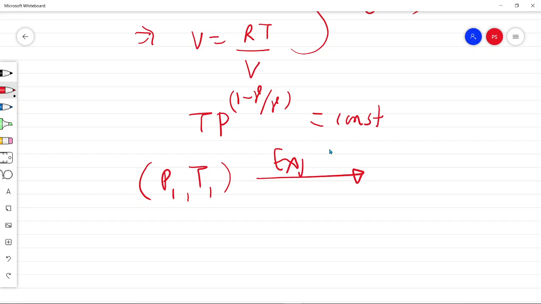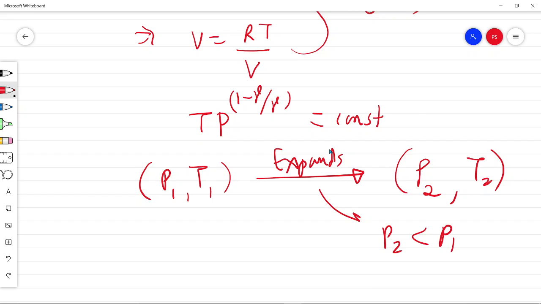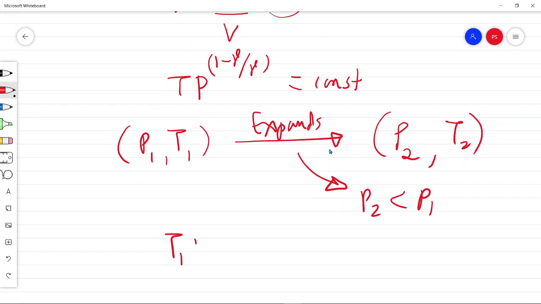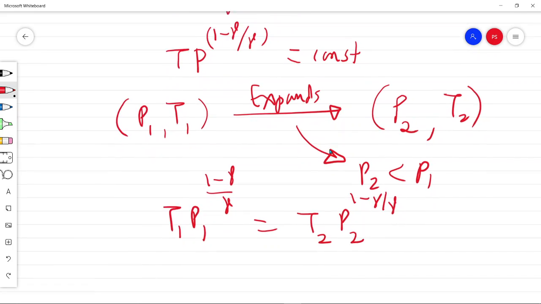So if there is a gas with initial pressure P1 and initial temperature T1, and if it expands, by expansion we mean that the pressure is going to reduce. So it reaches some value P2 and T2. Of course, note that P2 is less than P1 since it is an expansion. We must have T1 P1^((1-γ)/γ) equal to T2 P2^((1-γ)/γ).